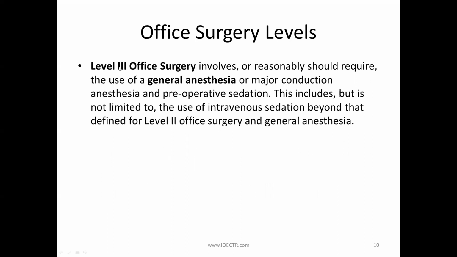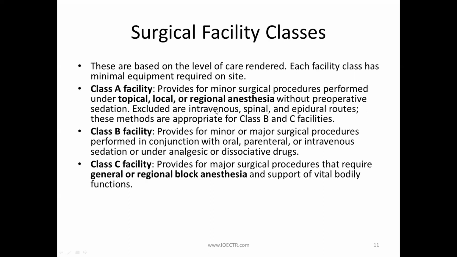So level 3 surgery, now notice here, it associates it with the level of anesthesia, and these are surgeries that require general anesthesia. So that's pretty self-explanatory. And then again, your class A and B and C facilities. Now again, this may or may not relate to the issues. I don't think anyone specifically calls an OBSS a class A facility. Technically, it's not a facility.